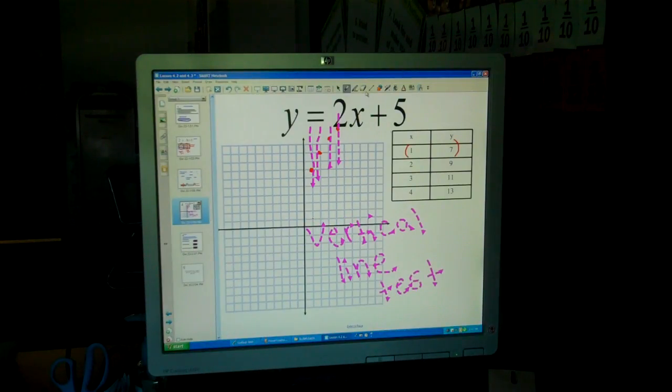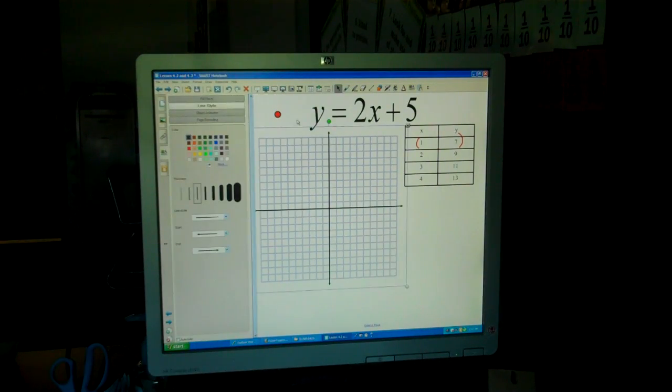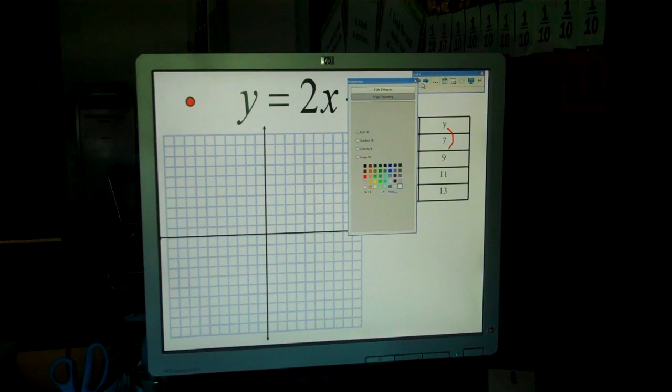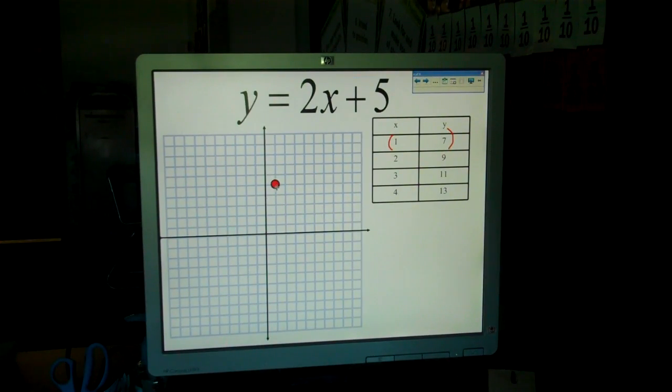Let me erase this and show you an example of something that would not be a function. It would be a relation, but would not be a function. Let's get some circles here. Okay, I plot some ordered pairs. I made a function table, and here's my ordered pairs.